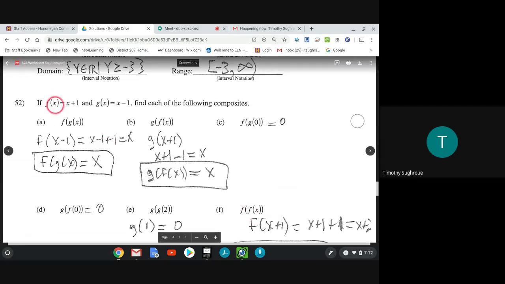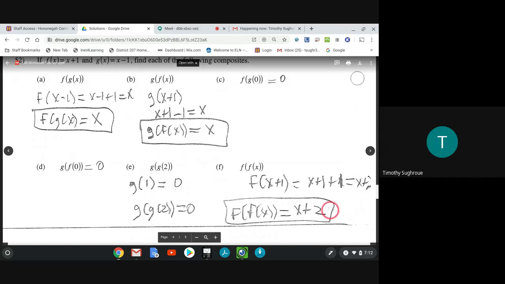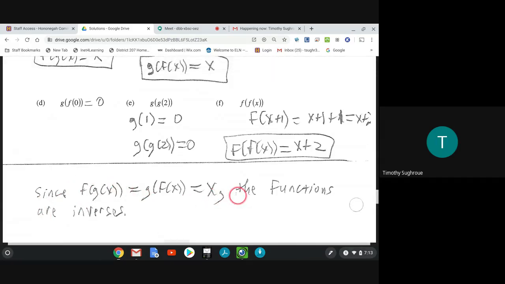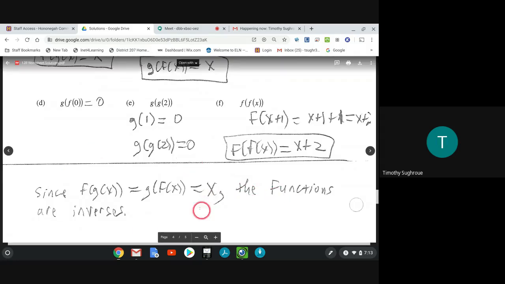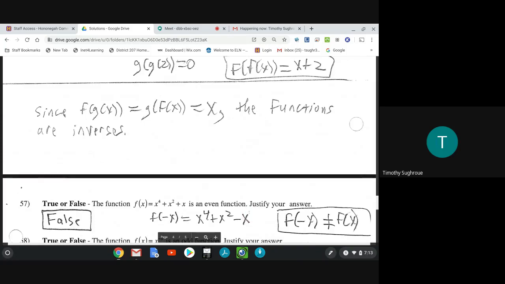The f function says, anything that comes in, add 1 to it. x plus 1 comes in, add 1 to it. x plus 2 comes out. That's a composite. Notice I wrote down here, since f of g of x equals g of f of x equals x, the functions are inverses. And we're going to practice this extensively in section 1.3.